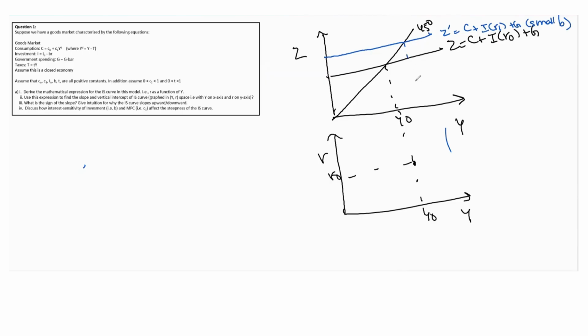So this is the case of the relatively small B. In this case, we can see this is equilibrium output, and we can plot it over here. And we know this is associated with a lower interest rate R1, Y1. So when you connect this, we get our downward sloping IS curve.